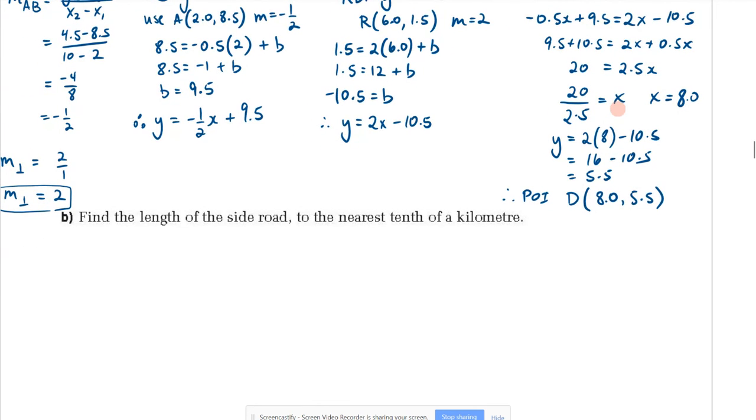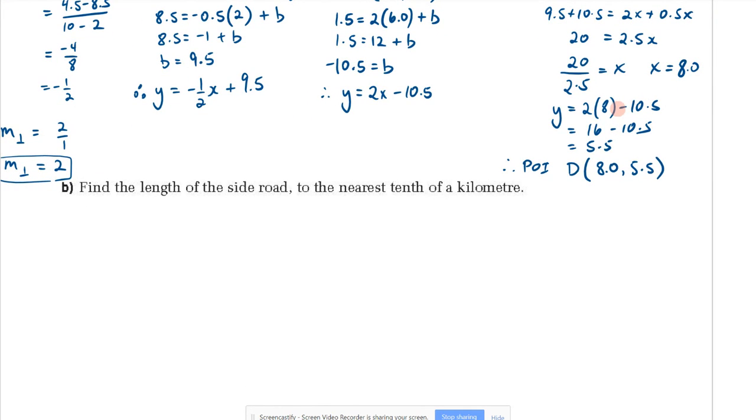So now that's the first part. The next part is find the length of the side road. So I need to find the distance from R to D. So let's write here. So the point of intersection of the two roads is point D, which is 8.0 and 5.5.